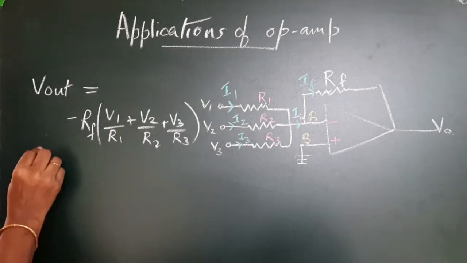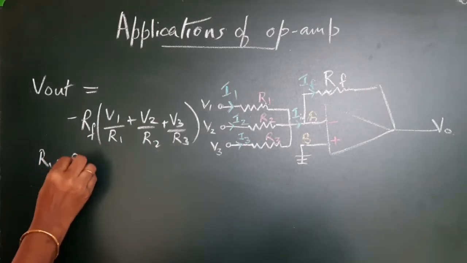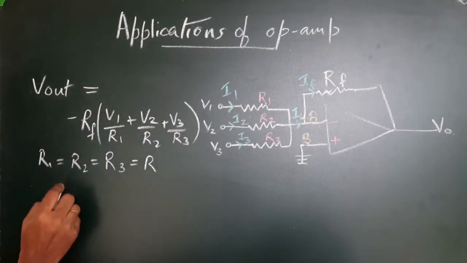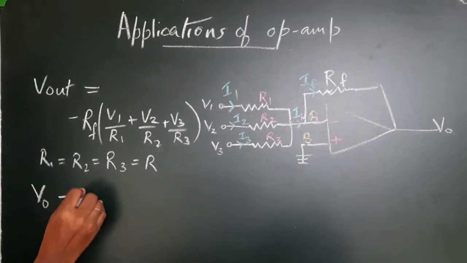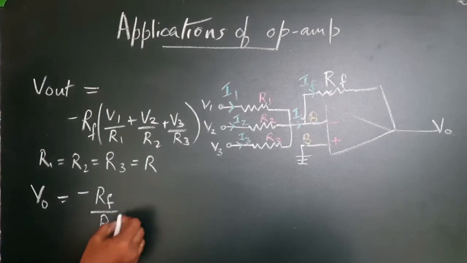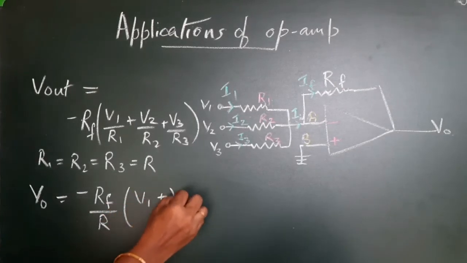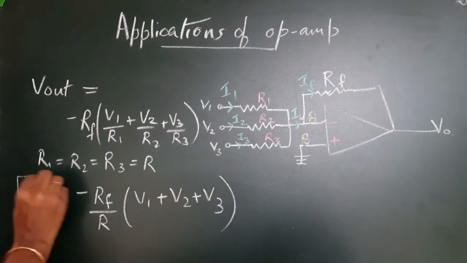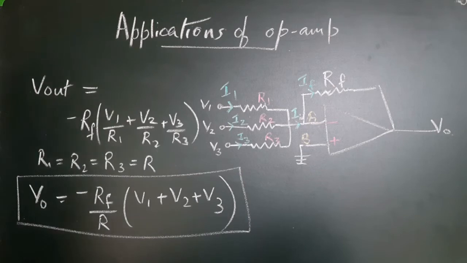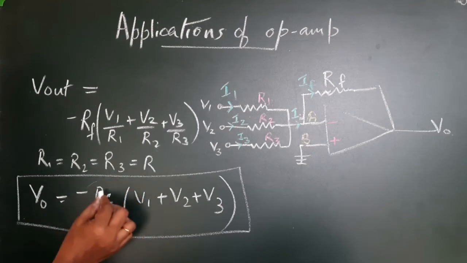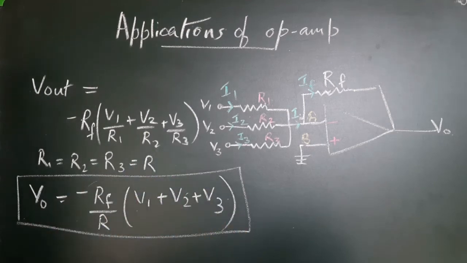Now, if for convenience we take R1 equals R2 equals R3 equals R, this equation reduces to Vout equal to minus RF by R, the common factor, into V1 plus V2 plus V3. So this is the general expression for the output of a summing amplifier, and in this case RF by R is a scale factor for the sum of the voltages.